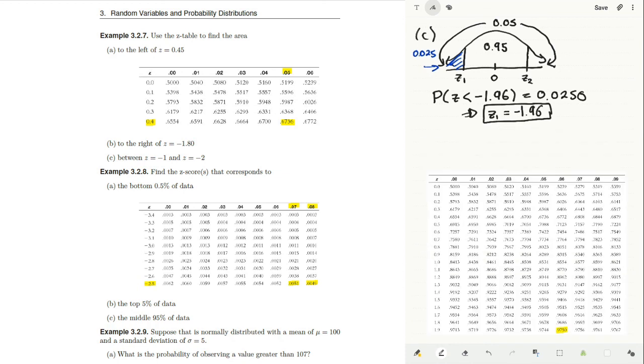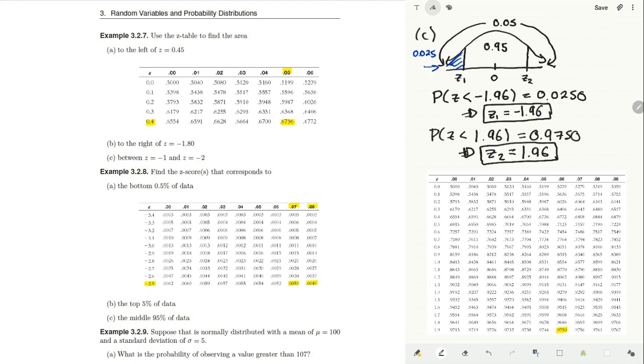And similarly, we are able to find 0.975 exactly in the table, and its corresponding z-score is positive 1.96. So the area to the left of 1.96 is 0.975, and so this tells us that z2 is 1.96.